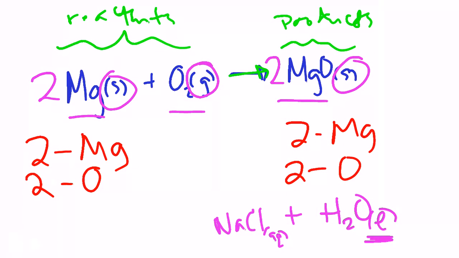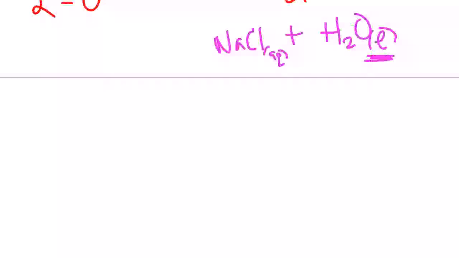Okay, so let's look at a more difficult balancing equation type of problem, because the one that we just did was too easy. So let's look at this one. We have C8H18. I'm not going to write the state just because it takes up a lot of room and it's kind of hard to write on a tablet.